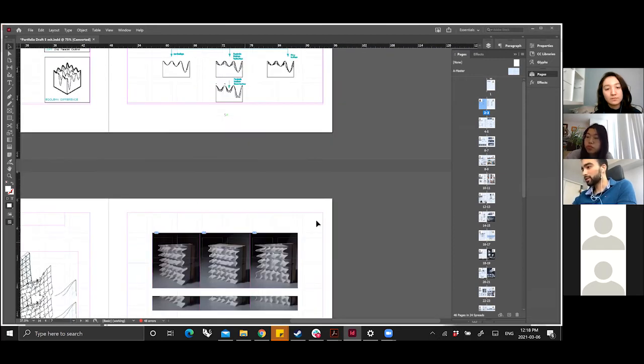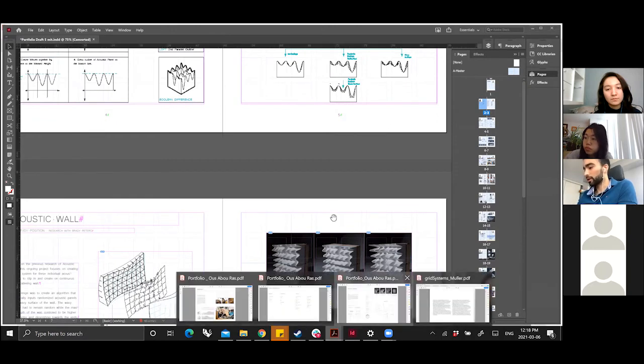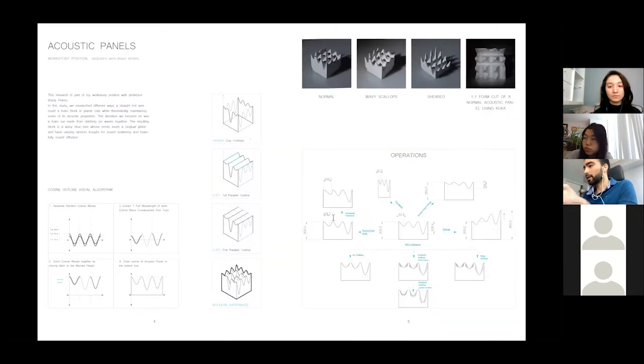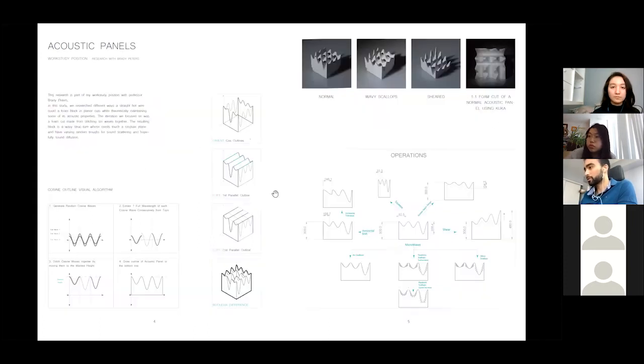What's nice is that when you go from one image to the other, everything is aligned and everything speaks to something. These are snippets, and you'll see them throughout the portfolio. It's really easy to read, and the easier it is to read, the better impression you'll make on whoever's reviewing it, or the easier it will be for them to understand it.